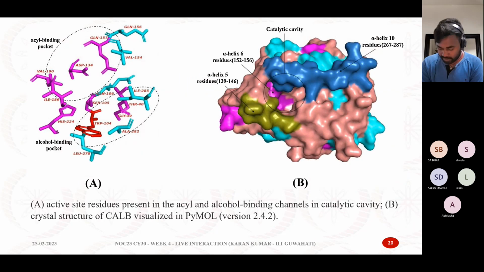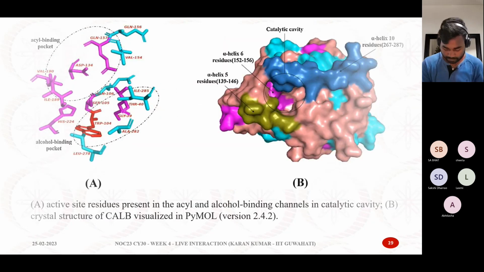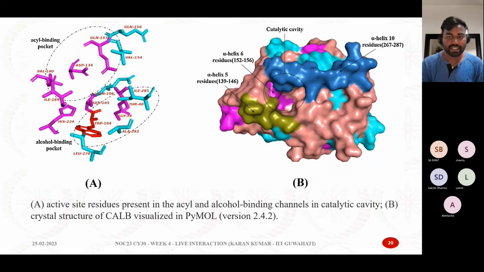Now let me show you another picture, a research perspective of a question. Initially I talked about lipase. Lipase is an enzyme which catalyzes the formation of ester.